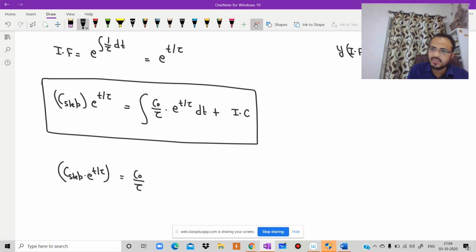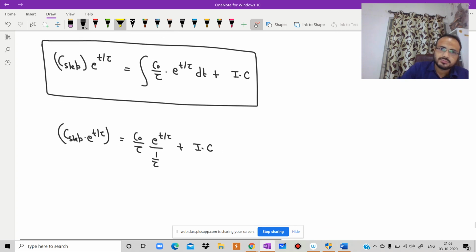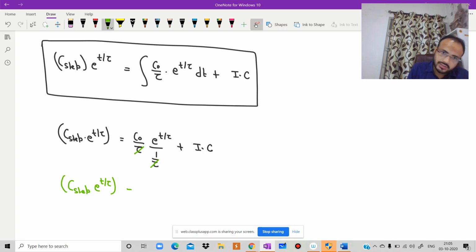We will take it outside the bracket, the integration of e to the power x is e to the power x. So we will get e to the power t by tau, and in the denominator the differentiation of t by tau, that is 1 by tau, plus this integration constant. This tau and tau will cancel out, so we will get C step e to the power t by tau is equal to C node e to the power t by tau plus integration constant.